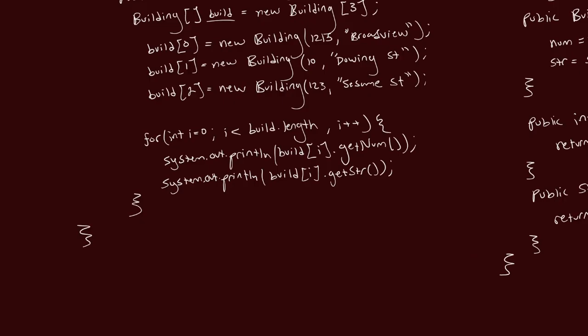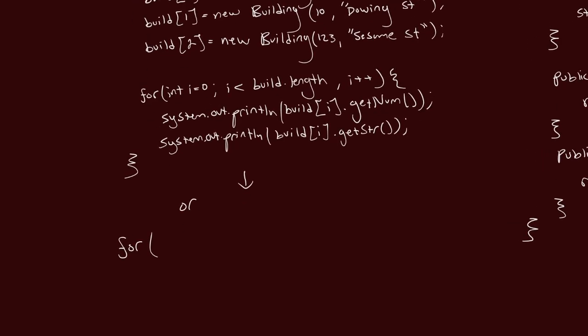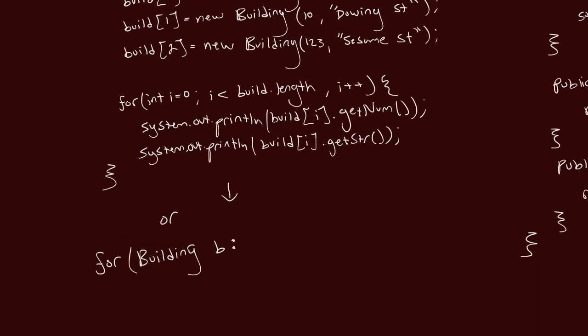Another way you can do the for loop is this way as well. So you could do for, and what you do is put the class name Building. Next to Building, you can have a variable name of whatever you want. So let's call this b. And then you put what your array name was for your building class.